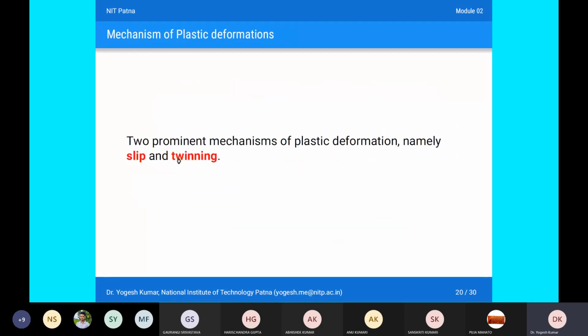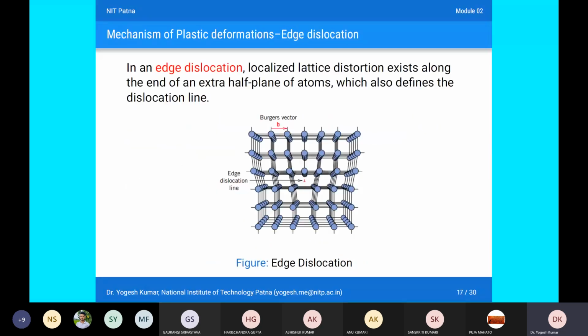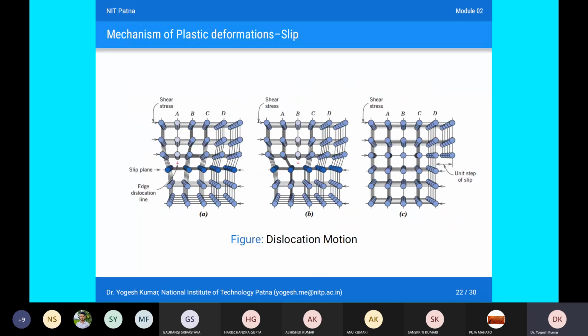This extra half plane of atoms is responsible for edge dislocation. Due to edge dislocation, let us try to understand how plastic deformation takes place. At atomic level, we have an extra half plane of atoms.